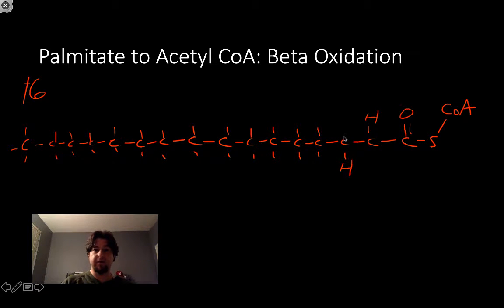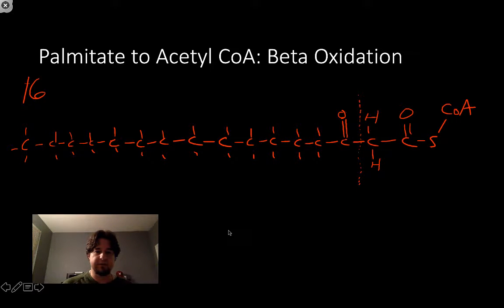Next part, right, we have our hydration part come in. So water is going to come in, but water gets split. So it's going to come in and look like that. Then the NAD plus is going to come in and take this hydrogen and electrons and this hydrogen and electrons right here. And then our last step is we get our Bruce Lee and we're going to cleave, or chop off, this molecule right here.